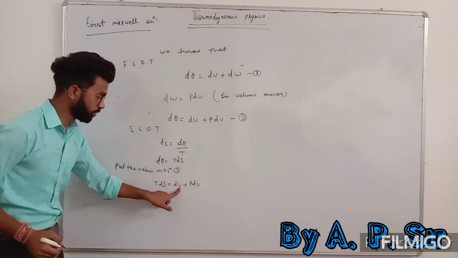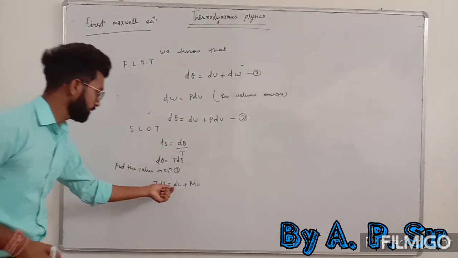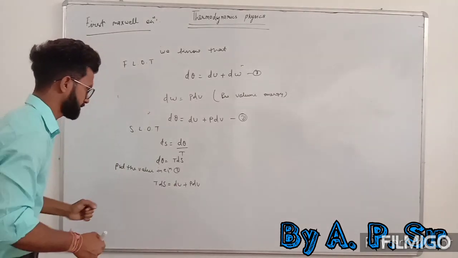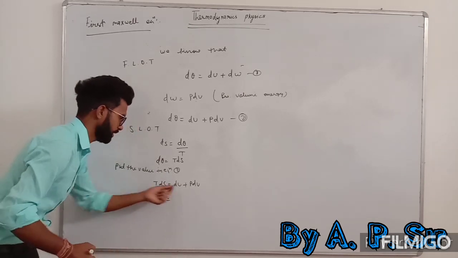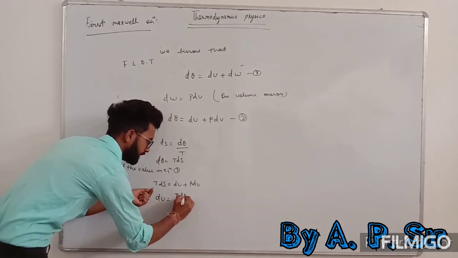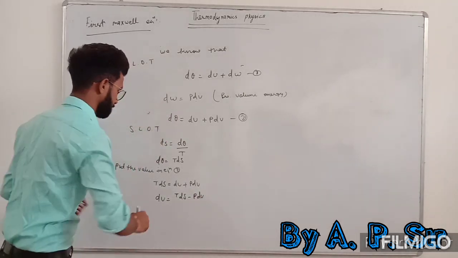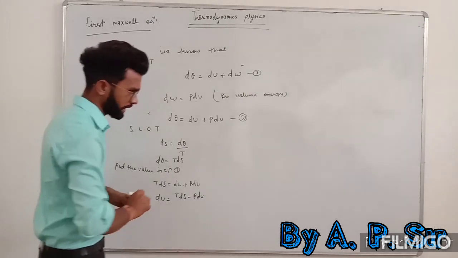We know that U is an energy function of thermodynamics. Then dU equals, transferring terms, T dS minus P dV. Then we take two cases.